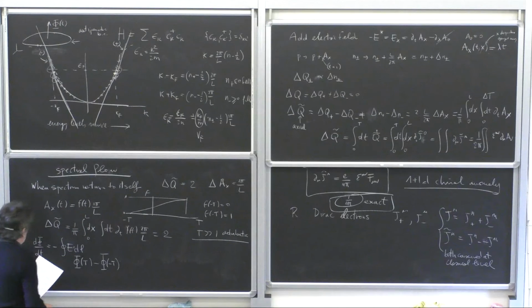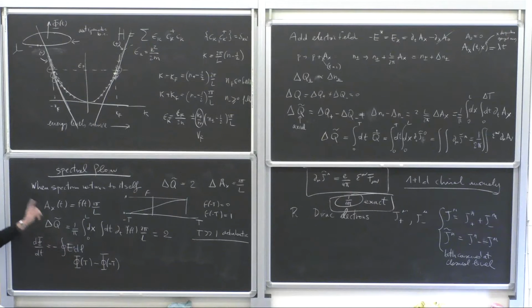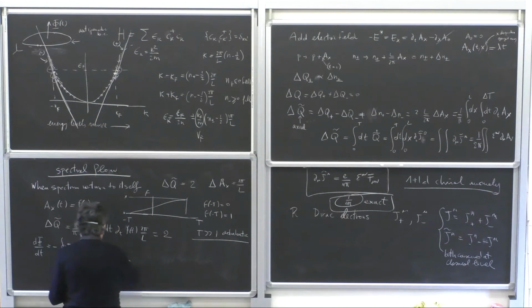It's a slowly varying flux which produces an electric field on the circle.